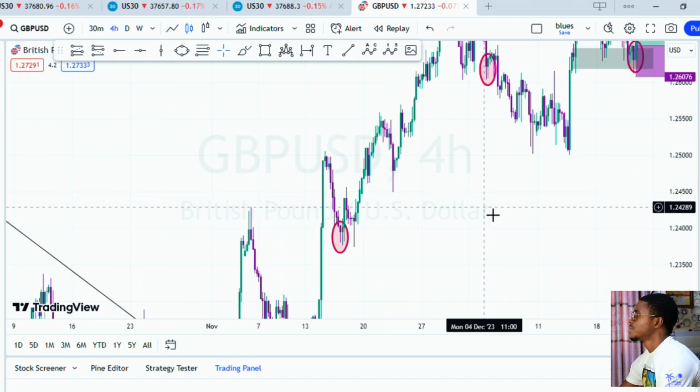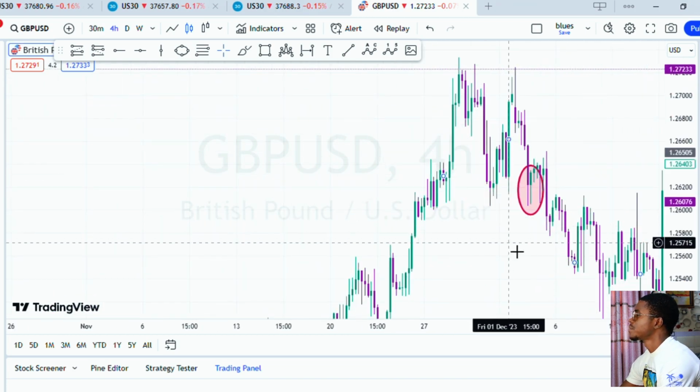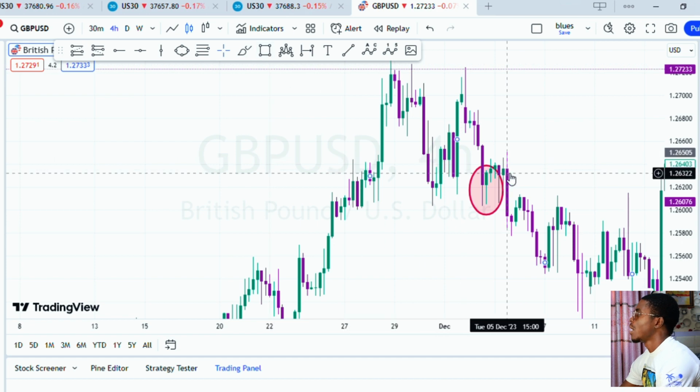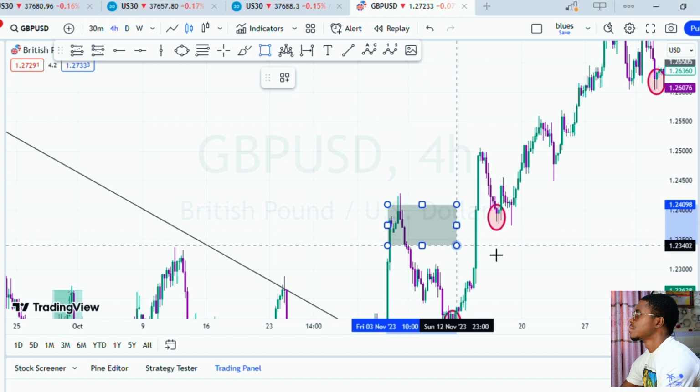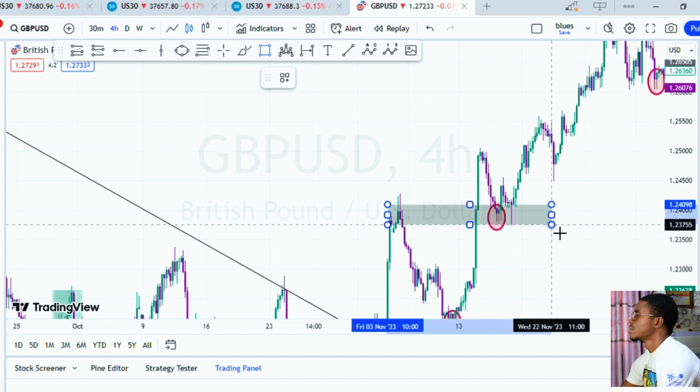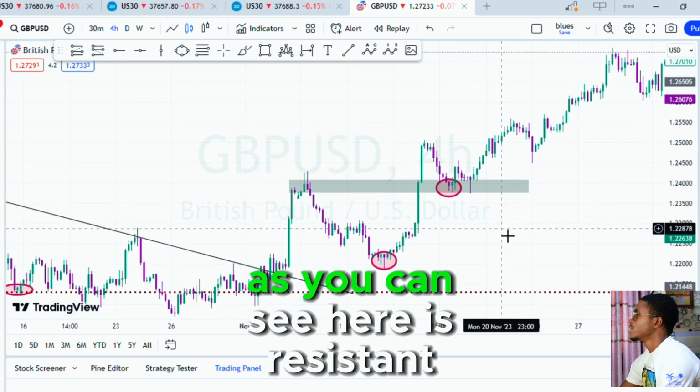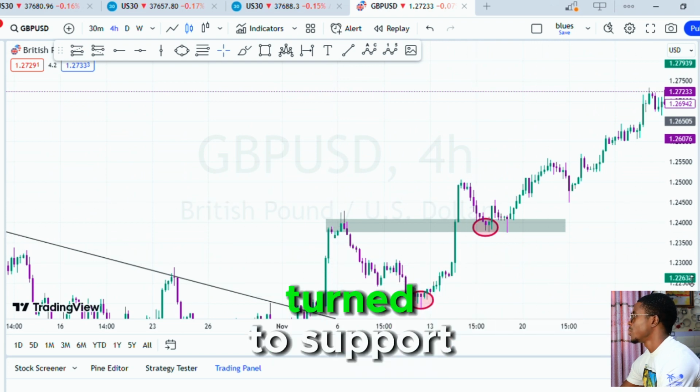And also here now again, I'll come back here. As you can see, here is resistance on support.